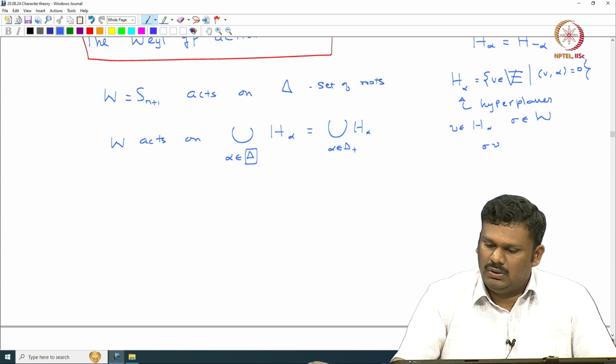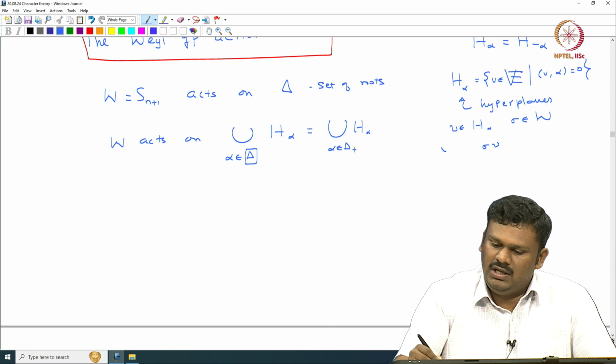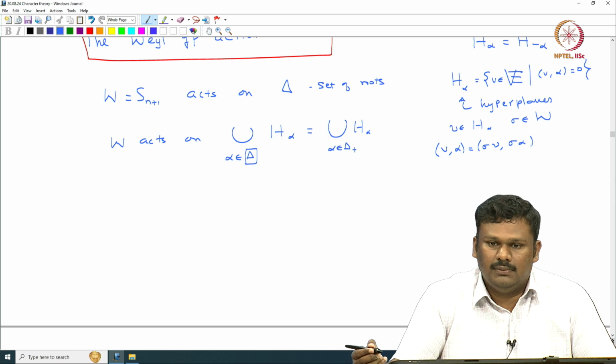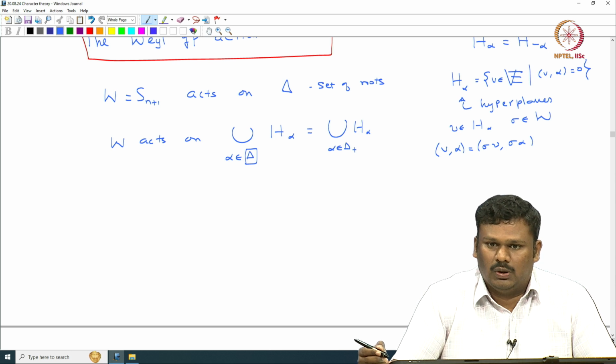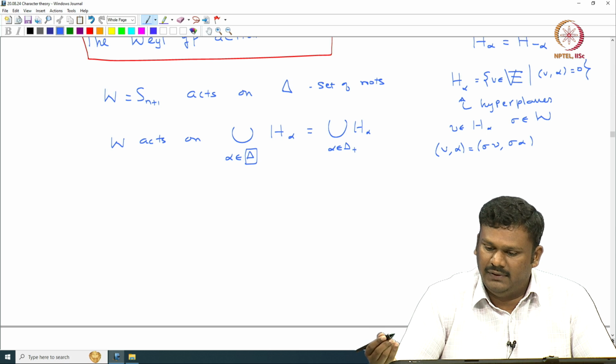You can see that (sigma v, sigma alpha) is equal to (v, alpha), because the Weyl group S_(n+1) preserves this inner product, which you can directly verify.